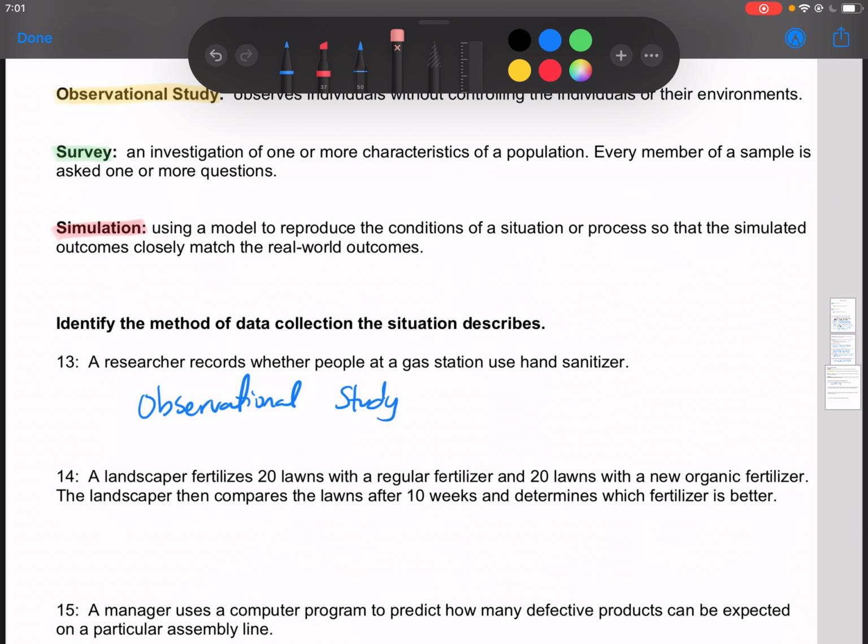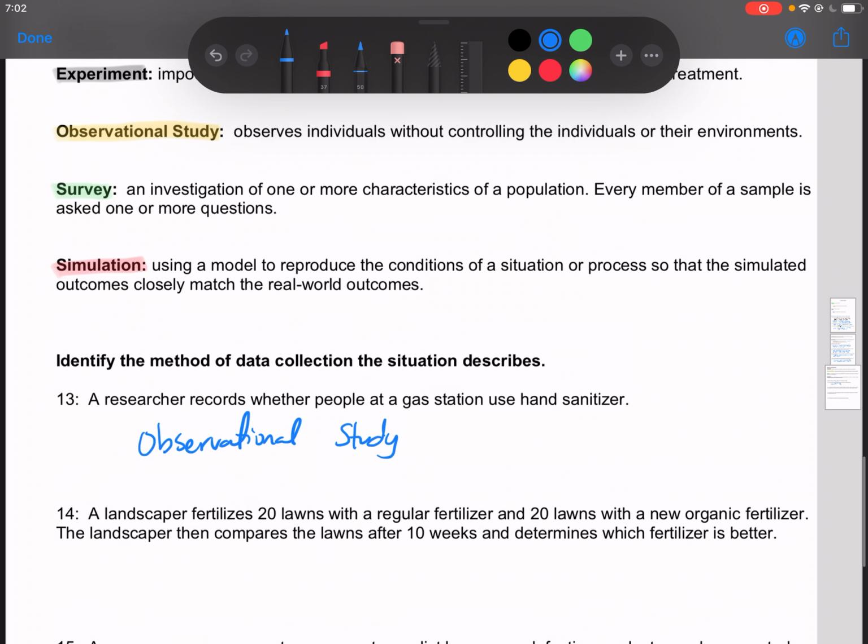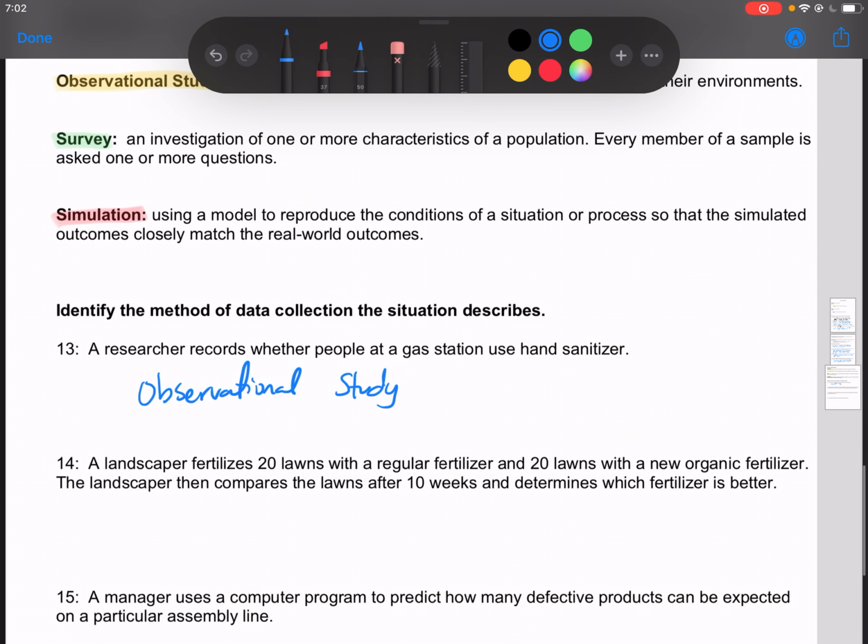Next one, a landscaper fertilizes 20 lawns with a regular fertilizer and 20 lawns with a new organic fertilizer. The landscaper then compares the lawns after 10 weeks and determines which fertilizer is better. So this one would be an example of an experiment.